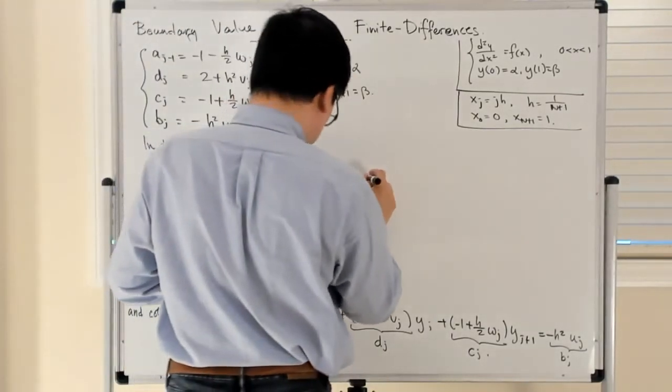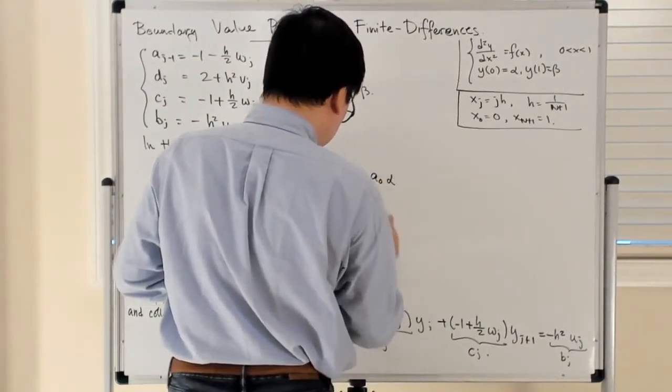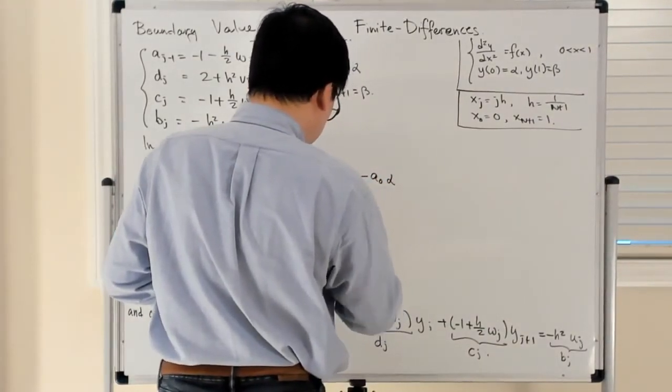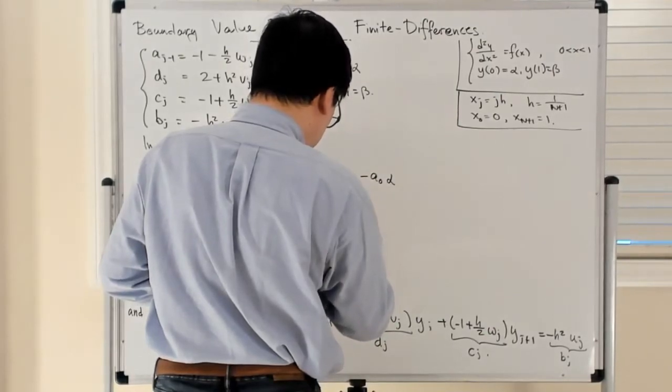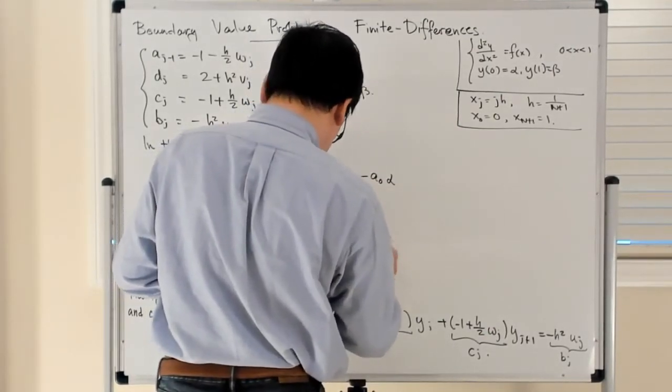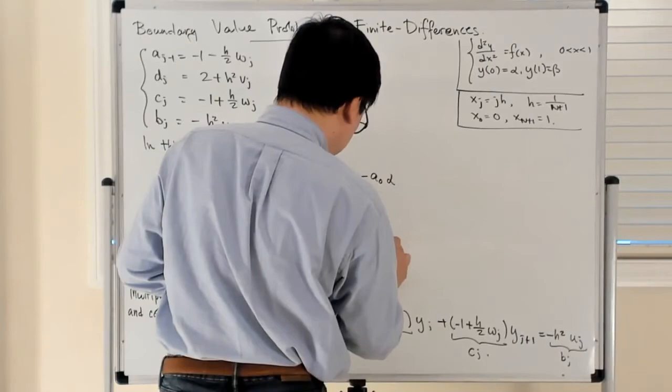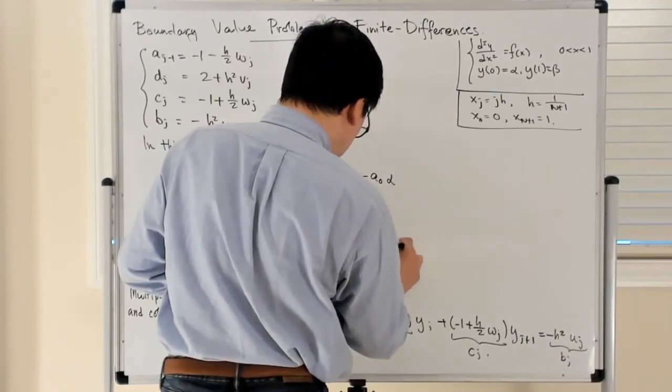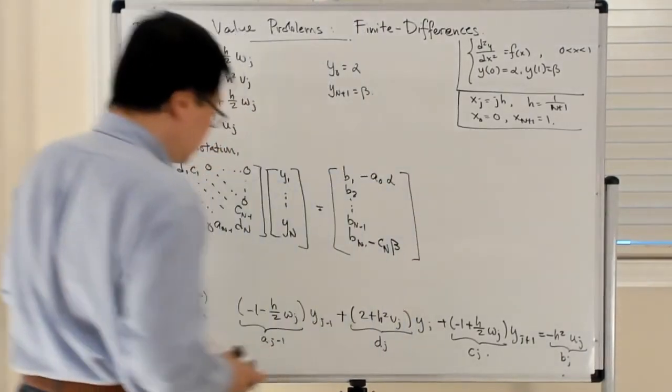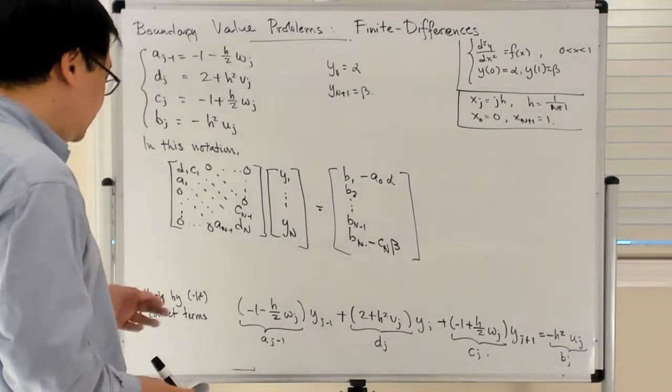So minus a0 alpha here, then b2 to bn minus 1, and the bn term involves a minus cn beta.